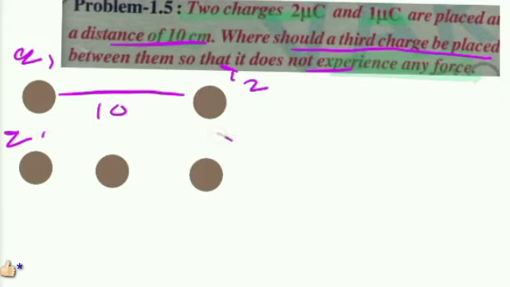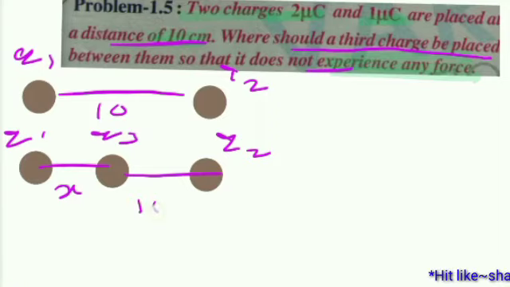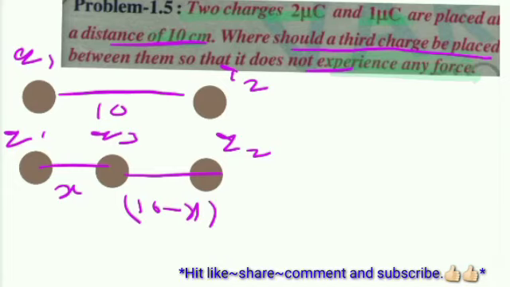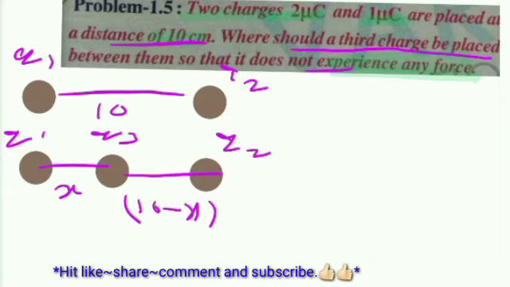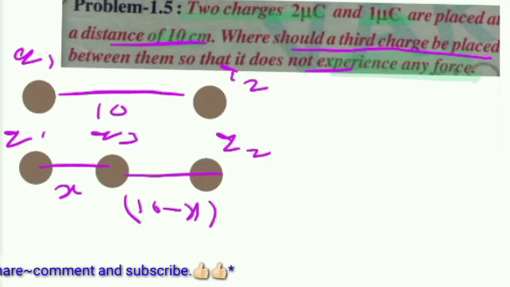This is Q1, Q2, and this is the third one, Q3, right? Let the distance between Q1 and Q3 be x. This third one, Q3 to Q2, is 10 minus x. From our question, the third one does not experience any force.